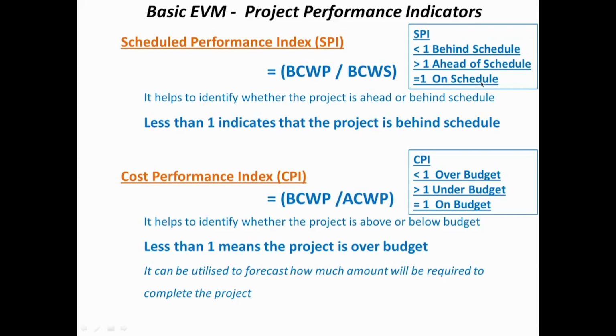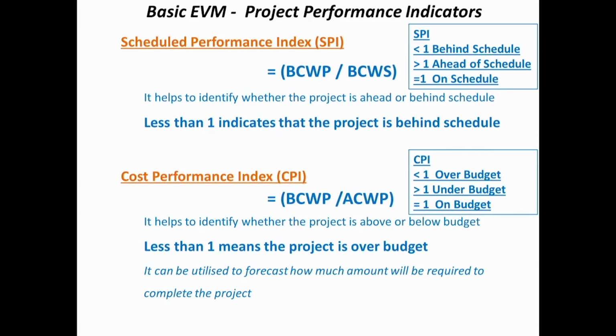When management looks at it, they will ask you for the SPI and the CPI, and based on that, they can judge where the project is at that stage of the monitoring phase. Similarly for CPI, you have a ratio and a similar range.